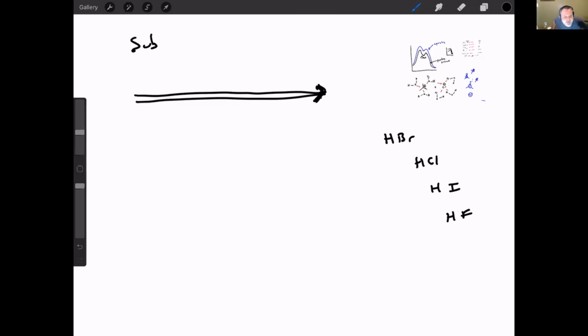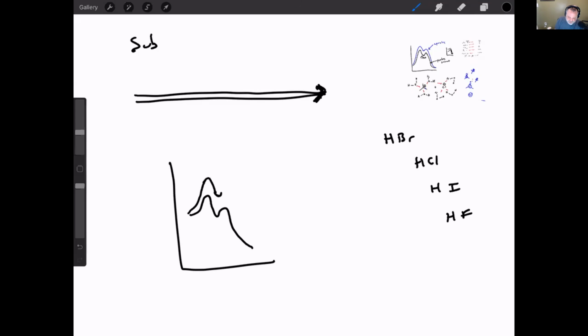So the question was asked, does an aprotic solvent increase the reaction rate? I know that you can't maybe see it so well over here, so let me draw this again. The aprotic solvent raises the energy of the intermediate.